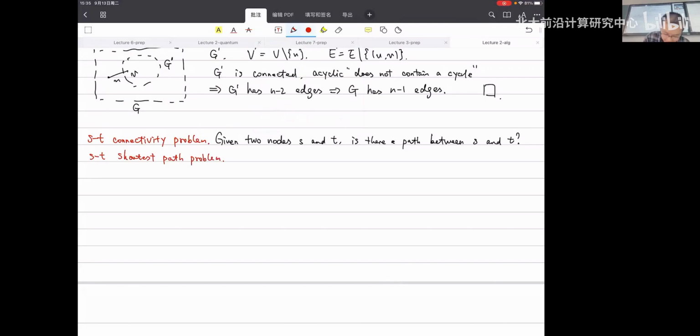For the shortest path problem, given two nodes S and T, what's the length of the shortest path between S and T?